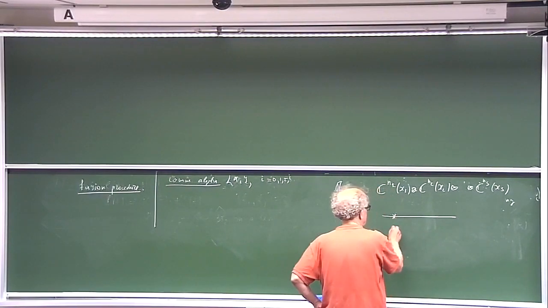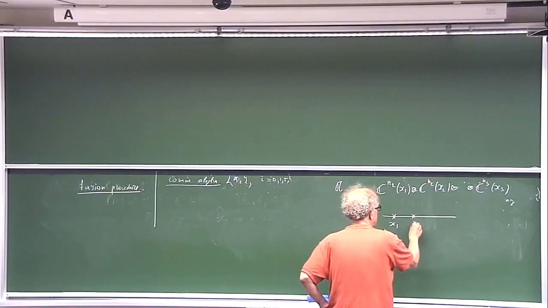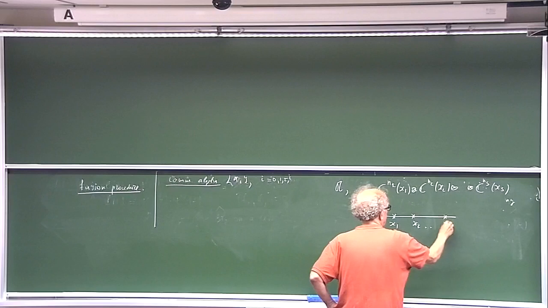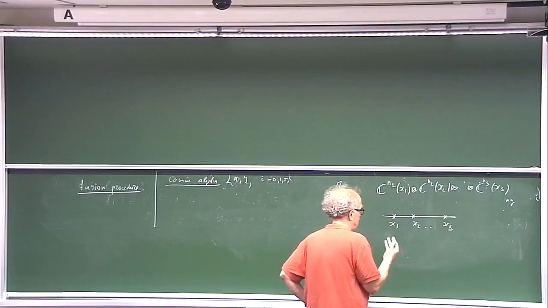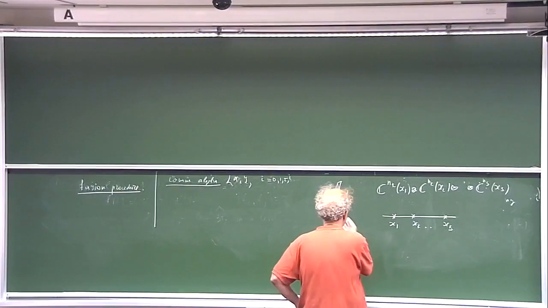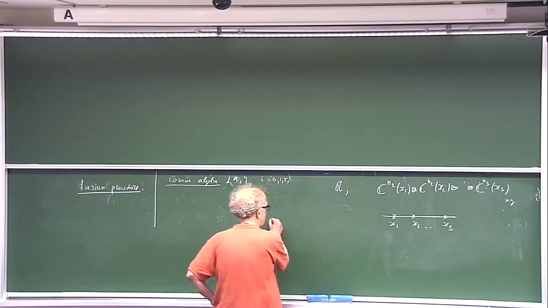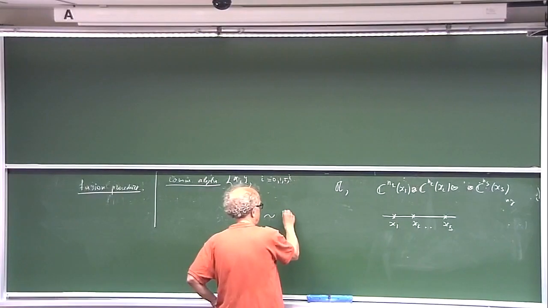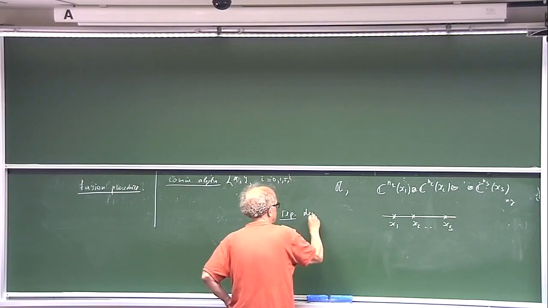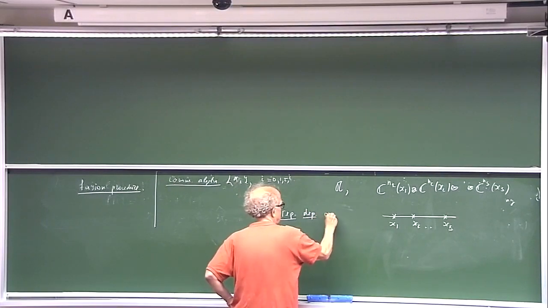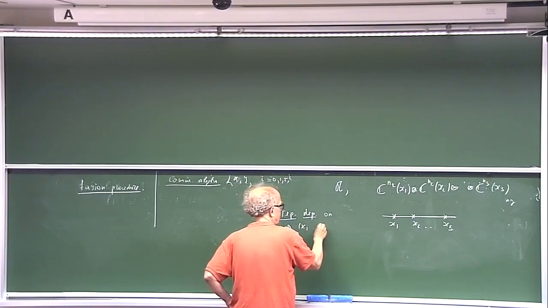So, what is going on? We have a collection of points x1, x2, and so on, xs, and over this we have a representation of my algebra A, and so the result of this construction is a representation depending on points x1, and so on, xs.